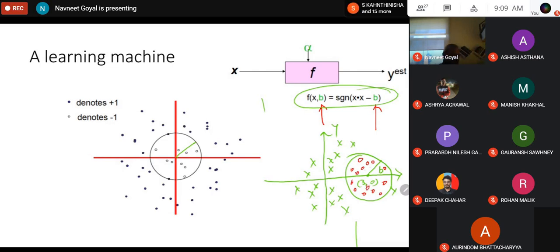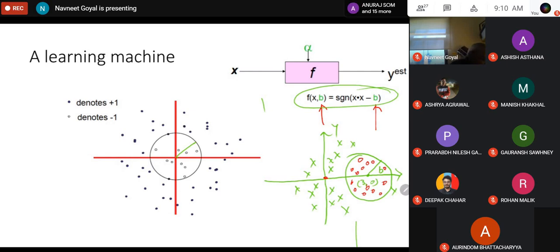Suppose this is my data, the green crosses and the red circles. Now, would it be possible for you to have a circle centered at the origin which will be able to classify these points, fit this data?